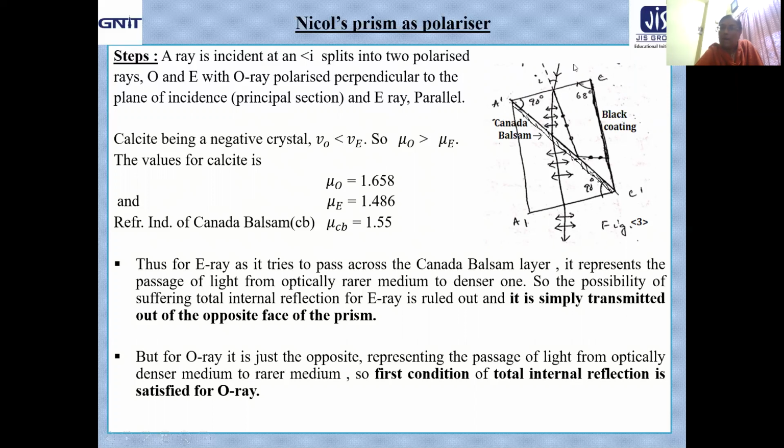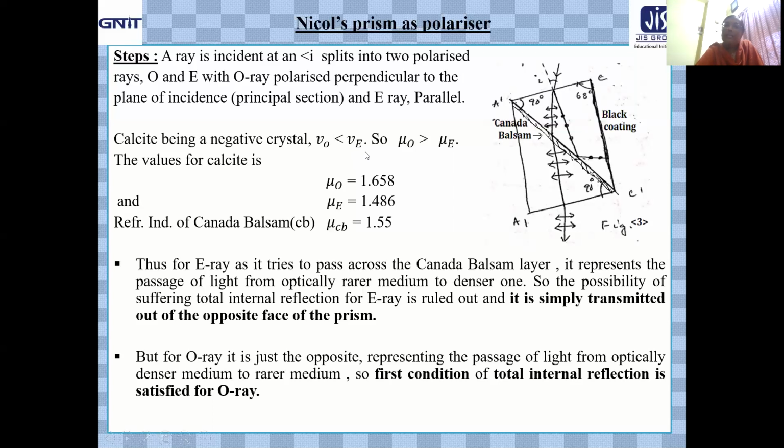So unpolarized light is now split into two plane polarized lights. One is O ray, other is E ray. Now look here. Calcite is a negative crystal. We already have discussed. That means inside the calcite, the velocity of O ray is less than the velocity of E ray.